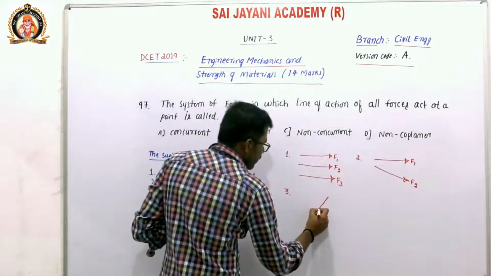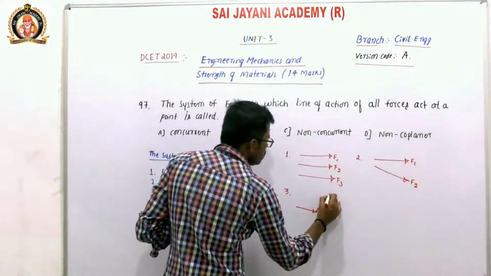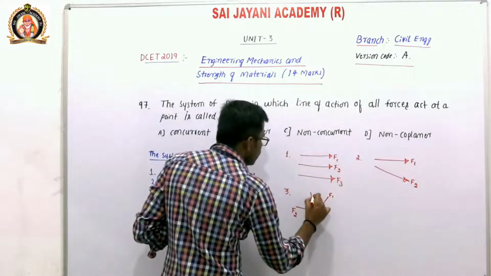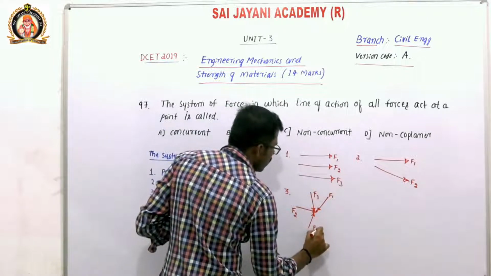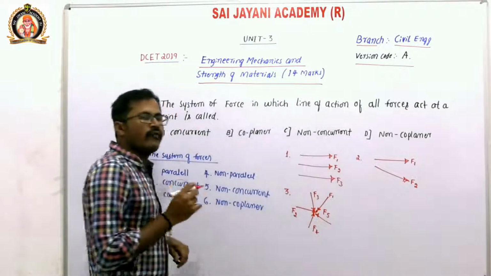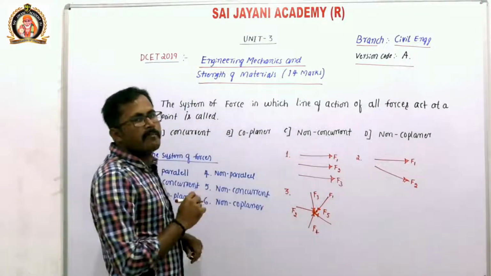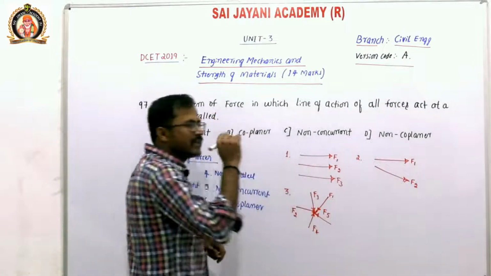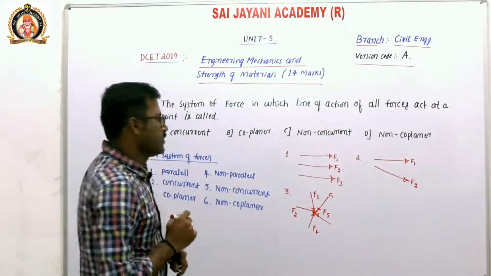Consider there are many forces such as F1, F2, F3, F4 and F5. So there are 5 forces acting at one point, or the line of action of all forces acting at a single point. These type of forces are called concurrent forces.